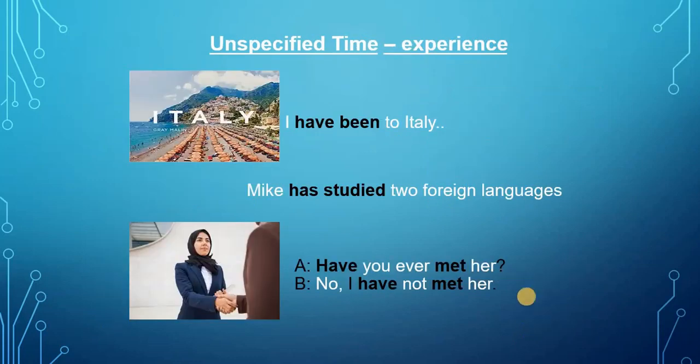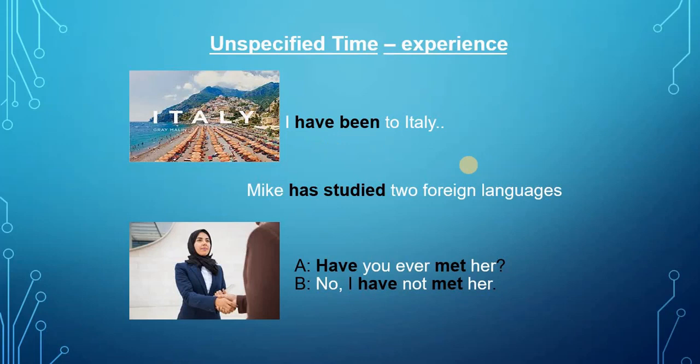Unspecified time experience. We can use the present perfect to describe new experience we have gained at unspecified time in the past. For example, I have been to Italy. This sentence means that you have had the experience of being in Italy.